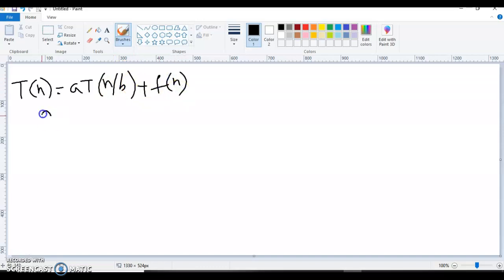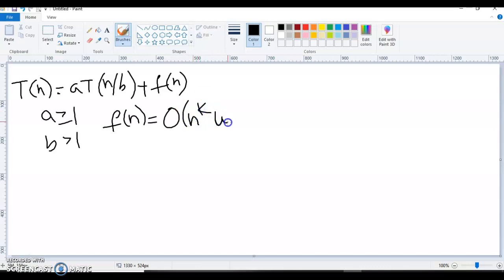Given that we have to assume here a is greater than or equal to 1, b greater than 1, and also here f of n is written as big O of n to the power k log n to the power p. So this is how we write it, and we have three cases in which we get the solution.